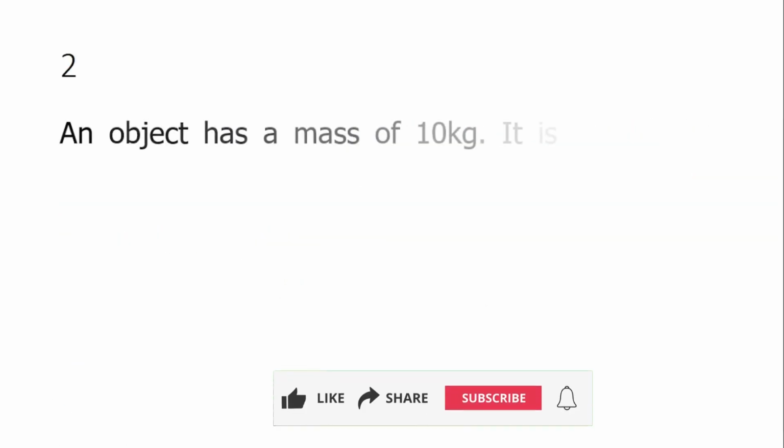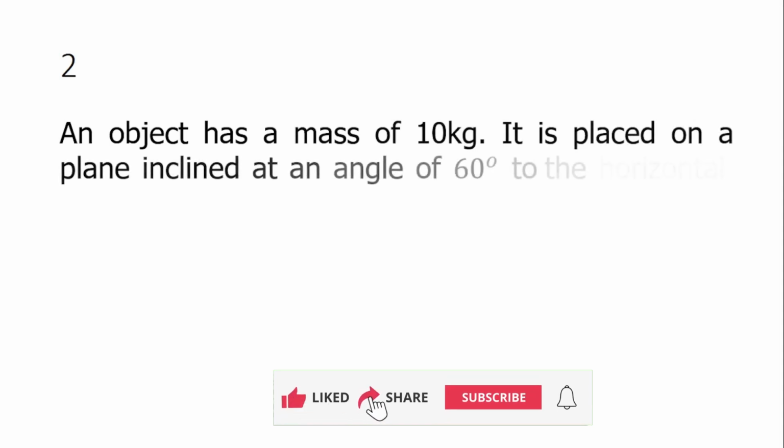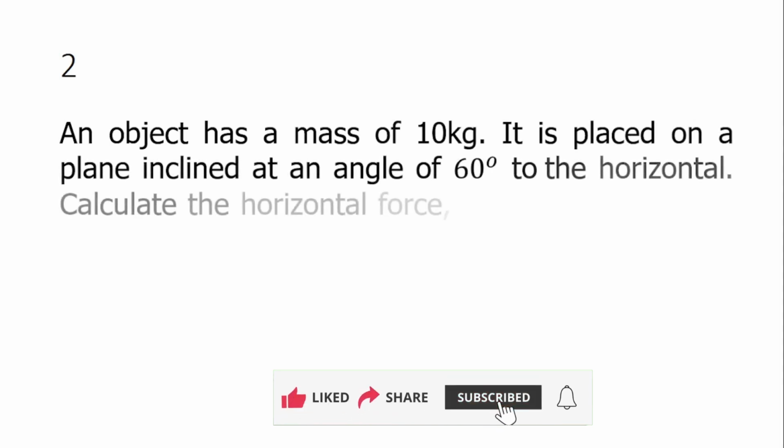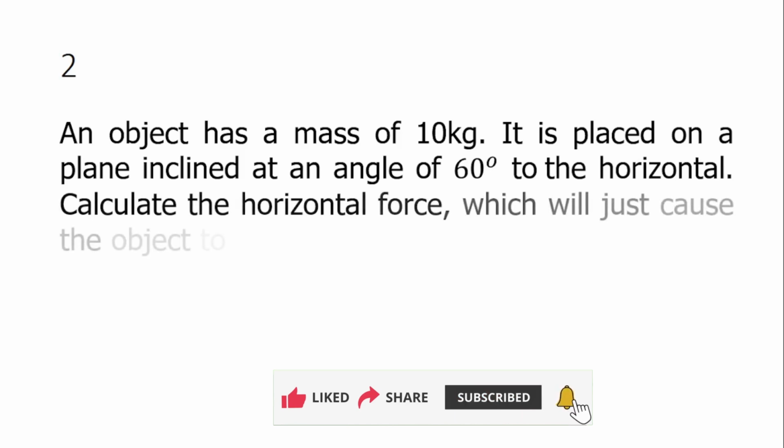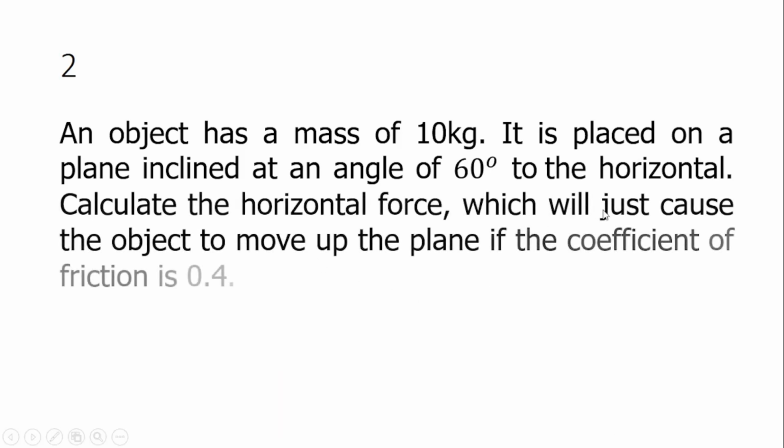An object has a mass of 10 kg. It is placed on a plane inclined at an angle of 60 degrees to the horizontal. Calculate the horizontal force which will just cause the object to move up the plane if the coefficient of friction is 0.4. Now you have a few seconds to look at the question over and over again.